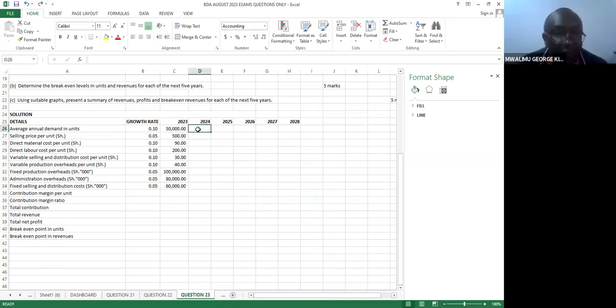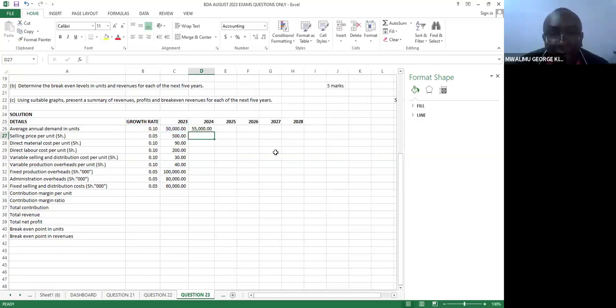Let's fill this one. The average annual demand in units. It is going to be equal to, because these are growth rates, this times, open the brackets, 1 plus this one. And because this one will not be changing, we put F4 and close the brackets. Then we copy up to that point.